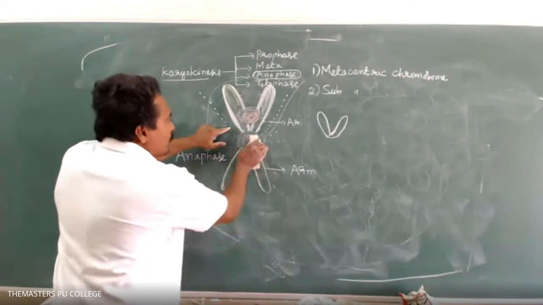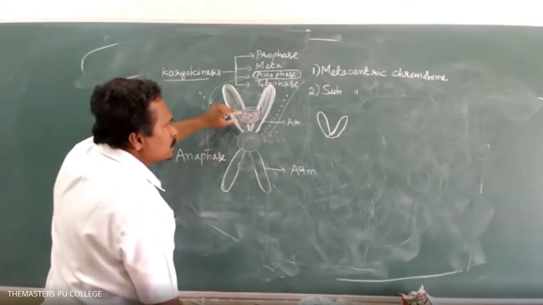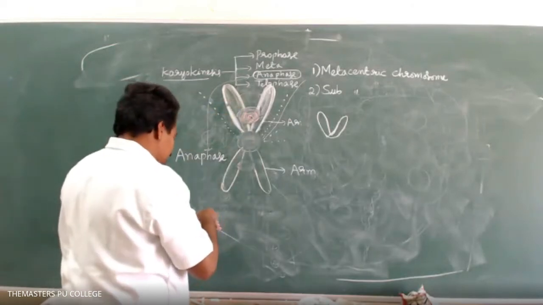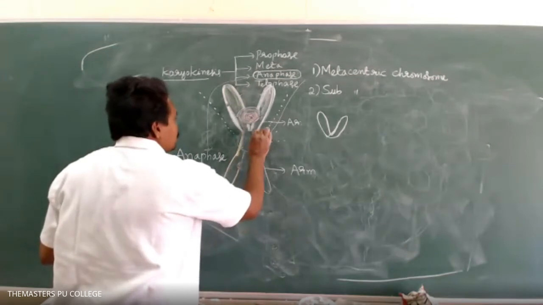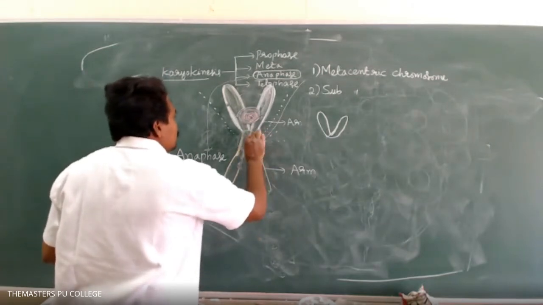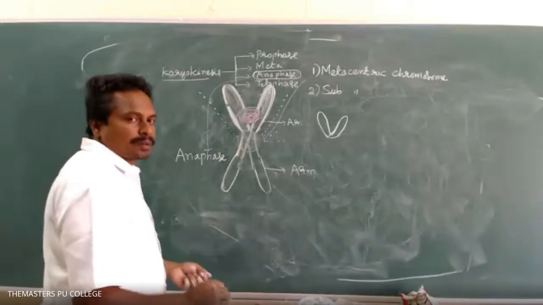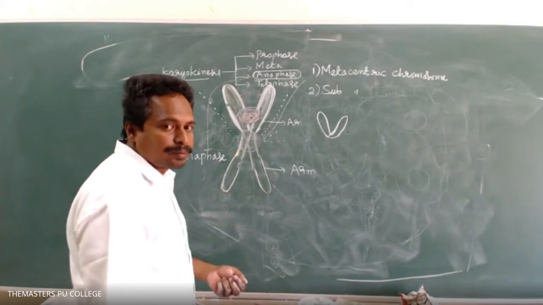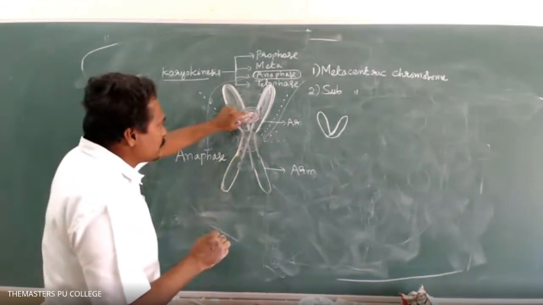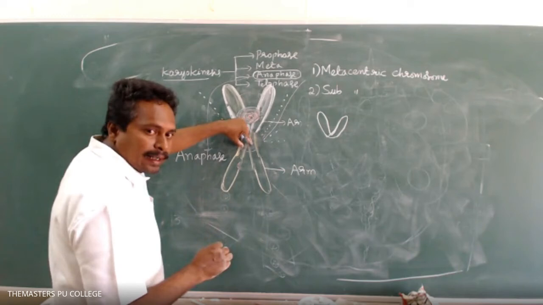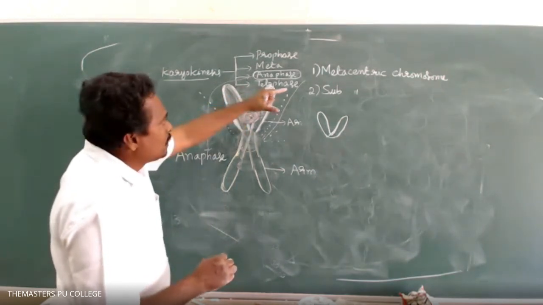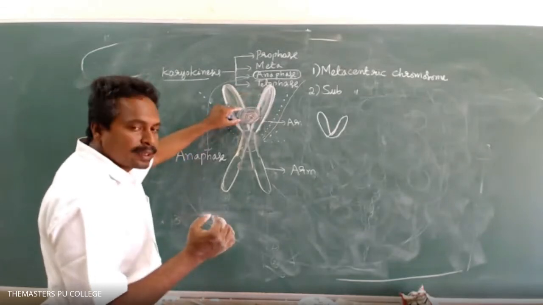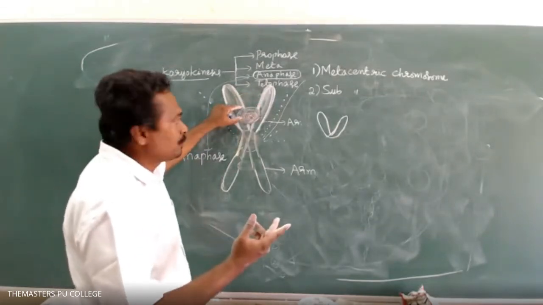Yes, at the center. Whereas in this chromosome, the centromere is slightly away from the center. Such a chromosome is called a submetacentric chromosome. Did you get the difference between metacentric and submetacentric chromosomes? In metacentric, the centromere is located exactly at the center of the chromosome. Whereas in submetacentric, the centromere is slightly away from the center.